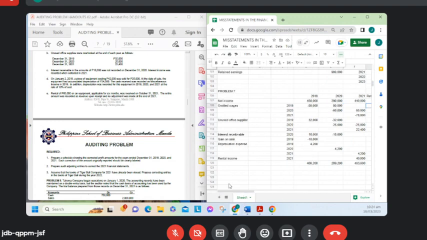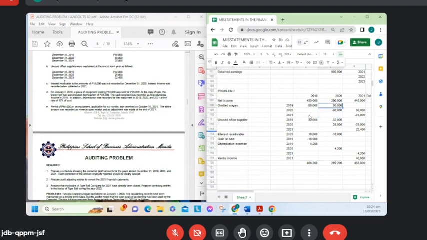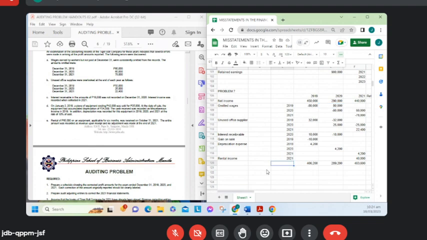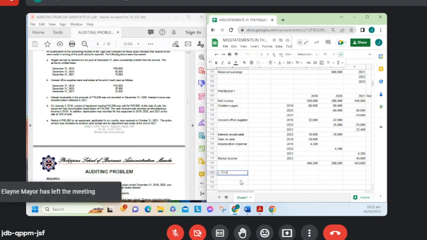So for number one, letter A, omitted wages.